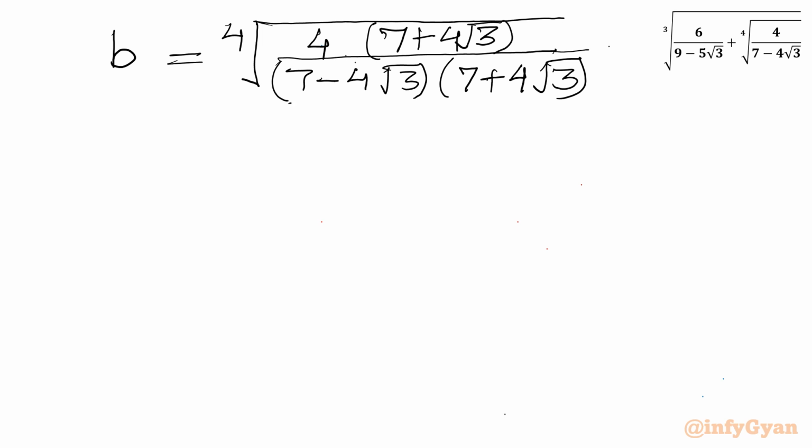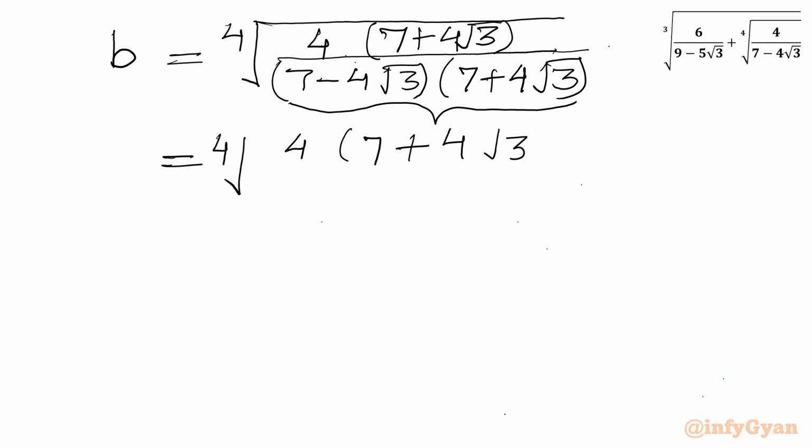Again, the difference of two squares formula will be applicable. We can write fourth root of 4 times 7 plus 4 root 3 over 7 square minus 4 root 3 whole square.